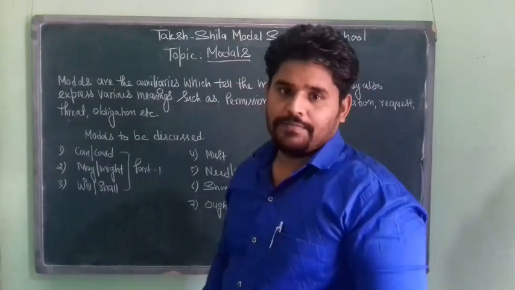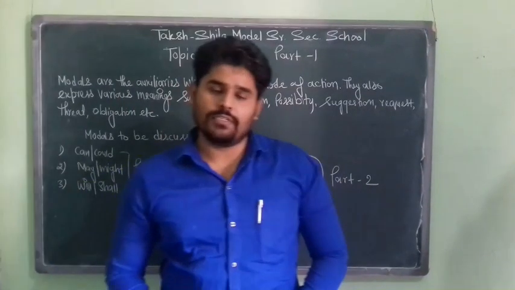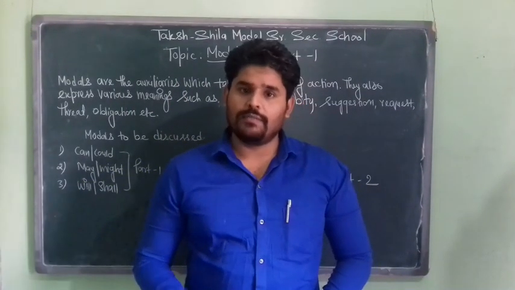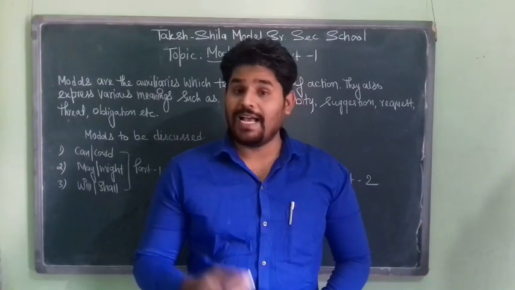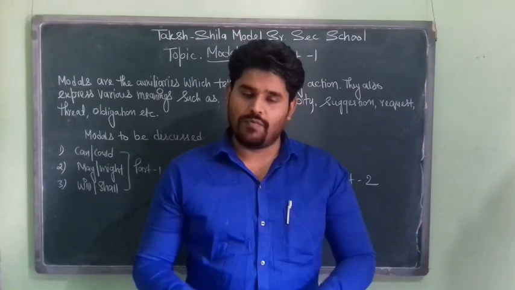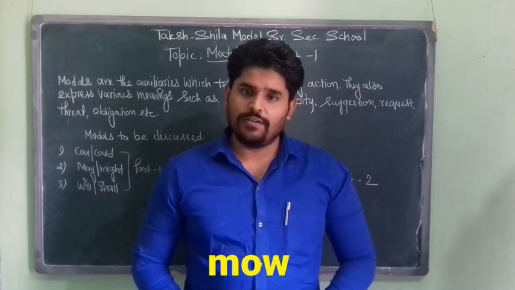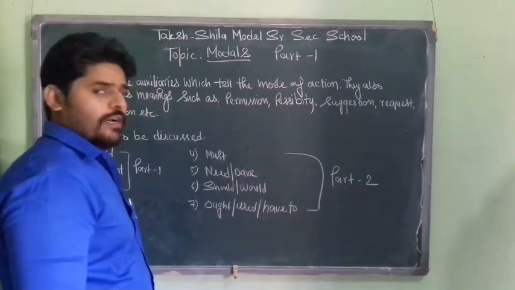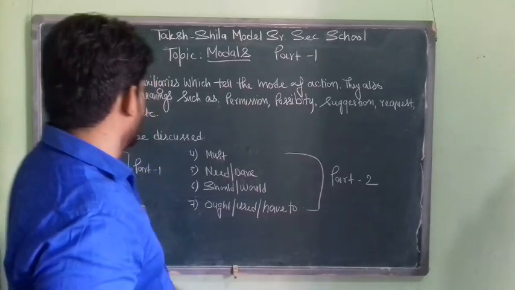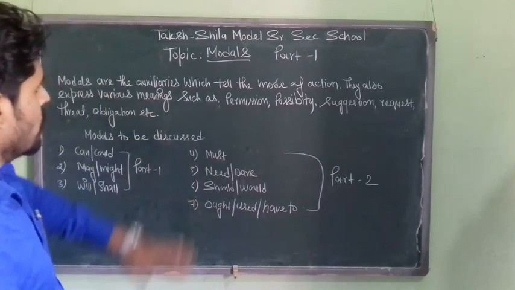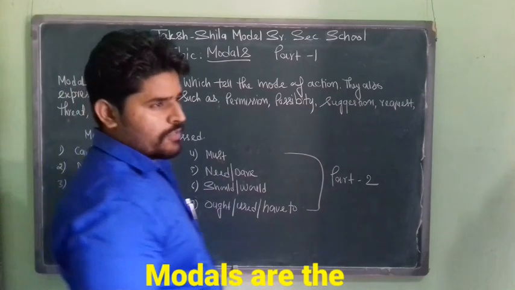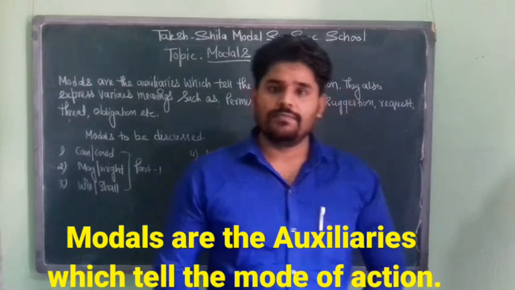There are many students who pronounce this word as modals. Make sure that this pronunciation is absolutely wrong. You have to pronounce it as models. So students, what are models? Models are the auxiliaries which tell the mode of action. So models are the auxiliaries.